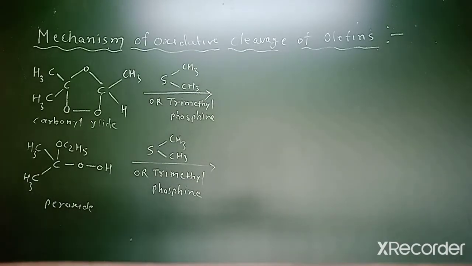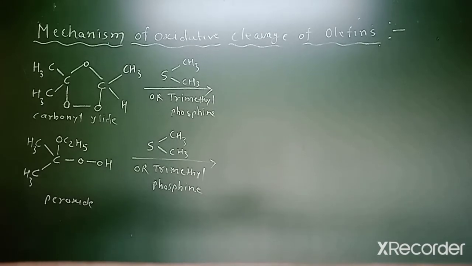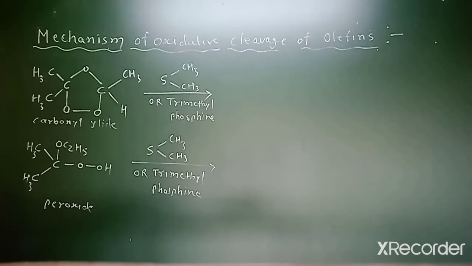After that, students, the next step is that the peroxide and secondary ozonide that form in path A and path B undergo decomposition in situ by dimethyl sulfide or trimethyl phosphine. During this process, the sulfur or phosphorus additives used during the reaction undergo oxidation.